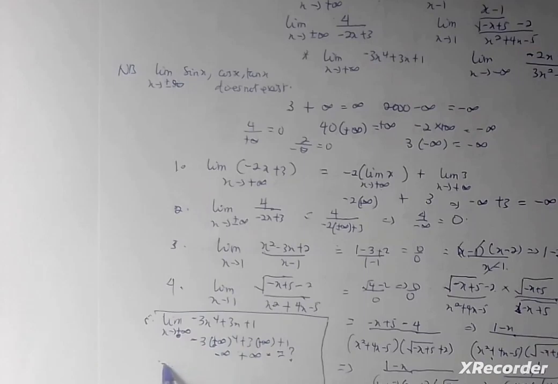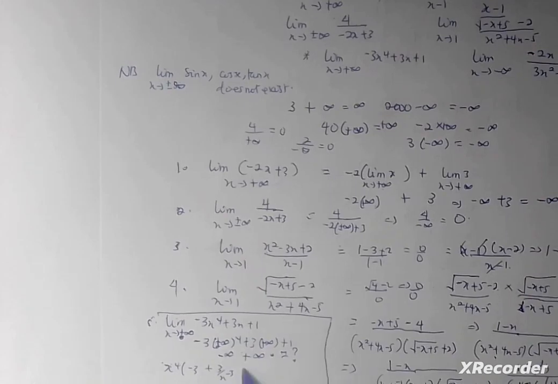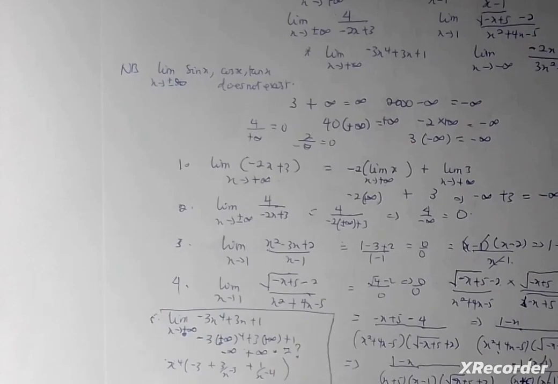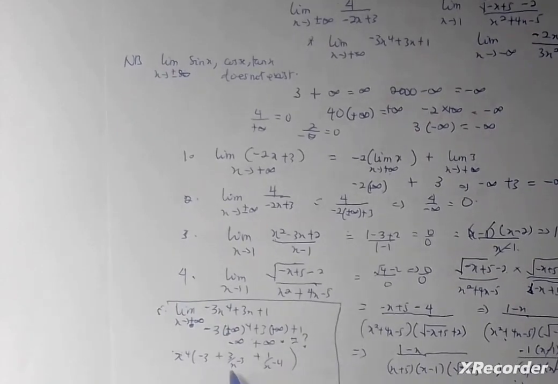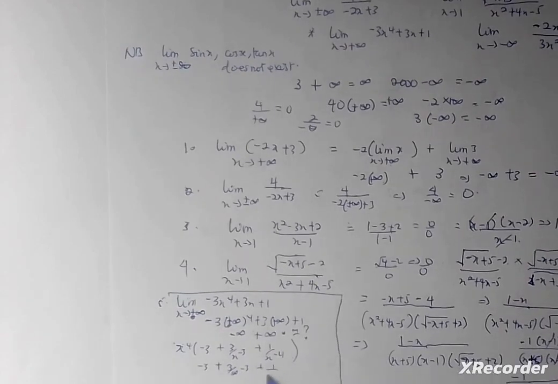So I get x to the power 4, open bracket, negative 3 plus 3 over x to the power 3, then plus 1 over x to the power 4. Then you find the limit as this approaches infinity. When I put infinity here, negative 3 plus 3 over infinity to the power 3 plus 1 over infinity to the power 4, everything here and here will give me 0.